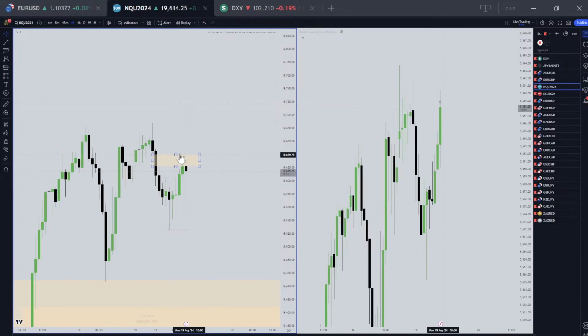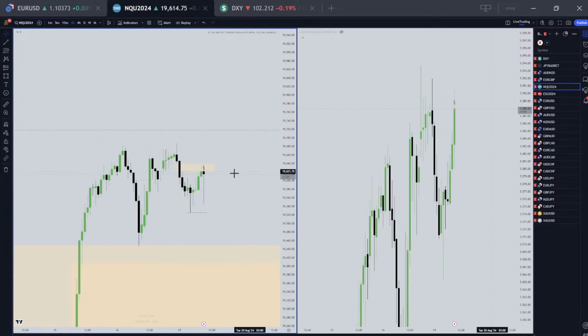Here's the 1 hour value gap where we could trade lower from, but it doesn't look like we want to respect it.